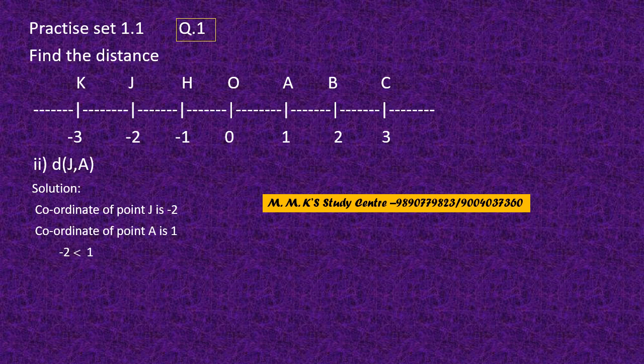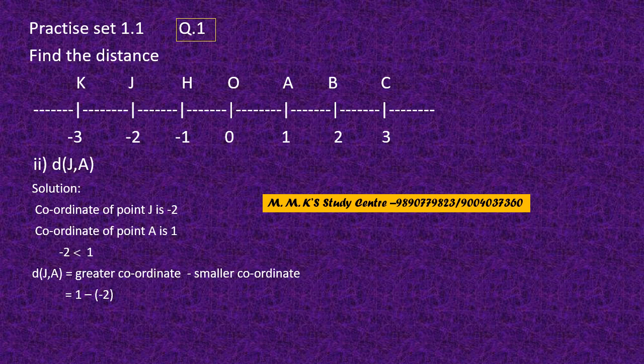If you see carefully, children, -2 is less than 1. So we have to write -2 is less than 1. Then we'll use this formula. Children, you have to learn this formula. Our formula is distance between J and A is equal to greater coordinate minus smaller coordinate. Here greater number is 1 and smaller number is -2.